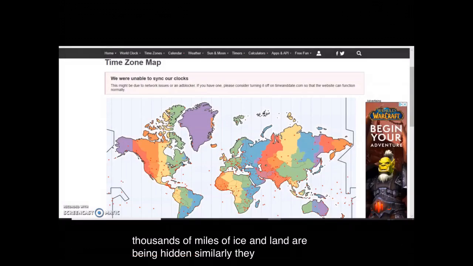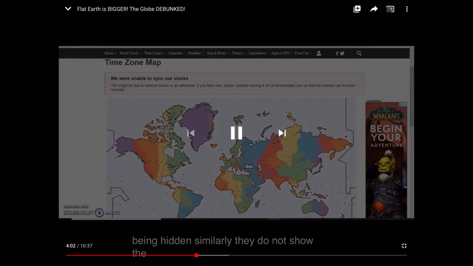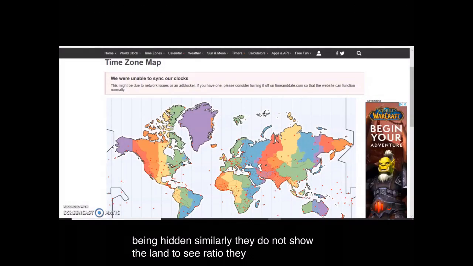Similarly, they do not show the land to sea ratio. I mean, in the map, they do hide a bit of Antarctica, but that's because they can't fit all of Antarctica in a flat map.